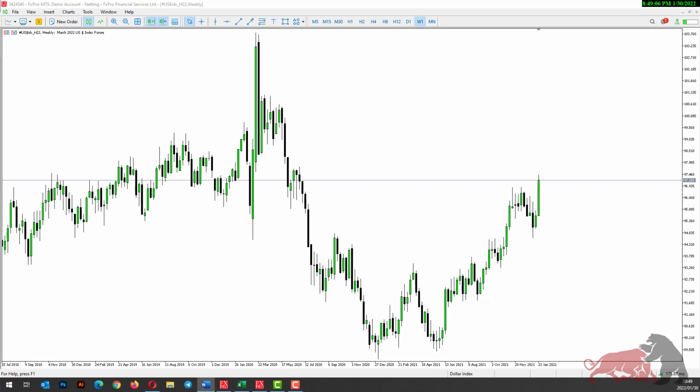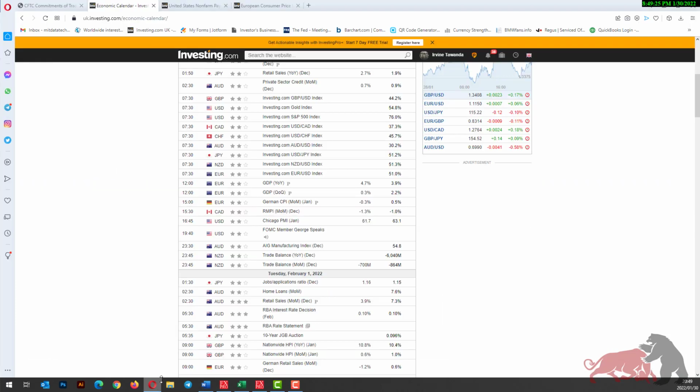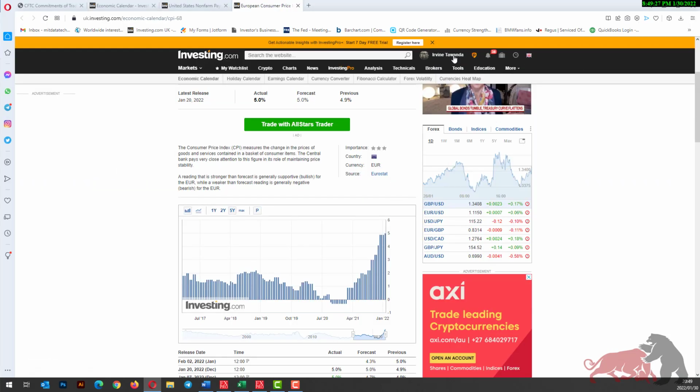Now, what you need to understand is that the interest rates are driving the markets at this moment in time. The Federal Reserve is driving the markets at this moment in time. So what then do you need to look out for? You need to understand the long-term interest rate market.